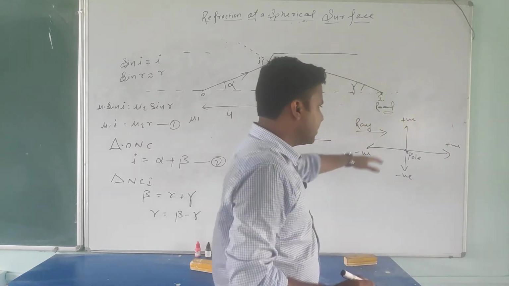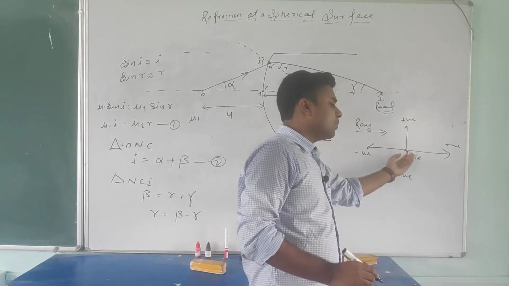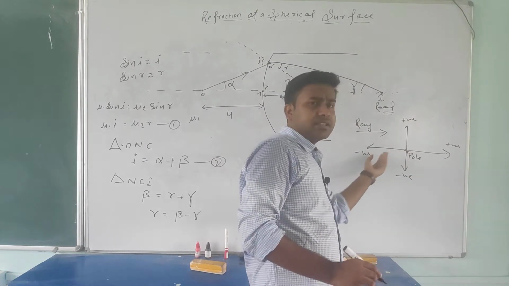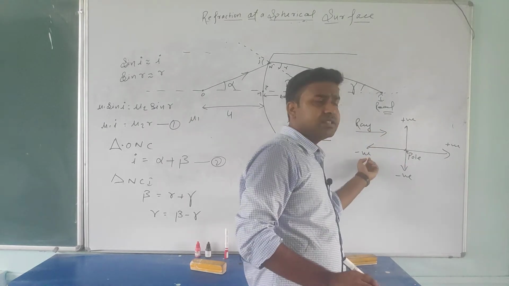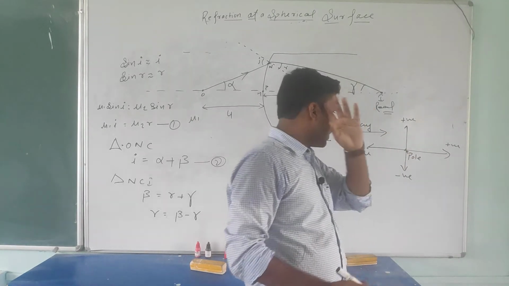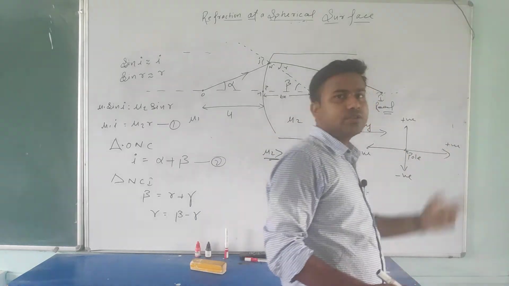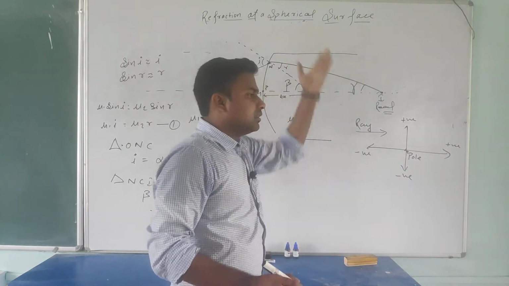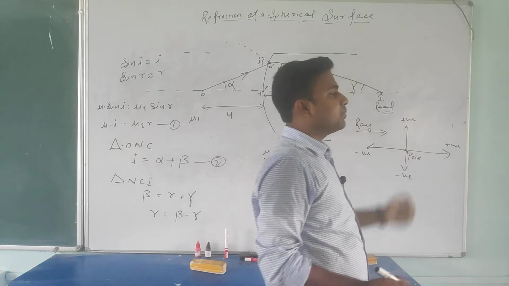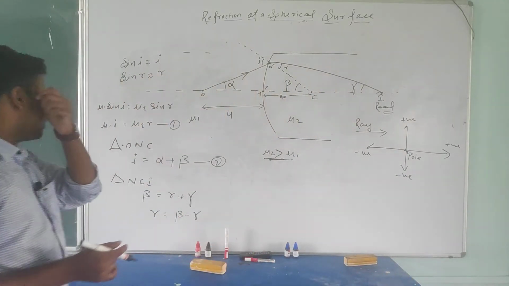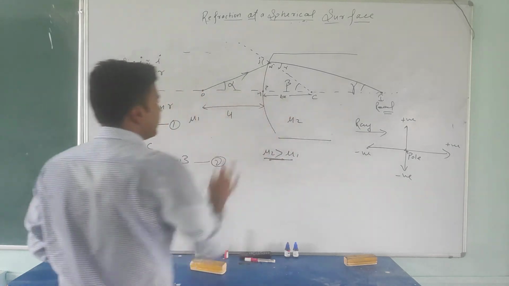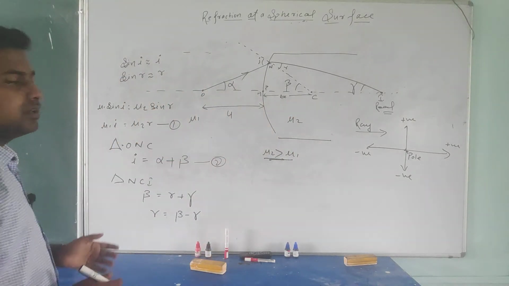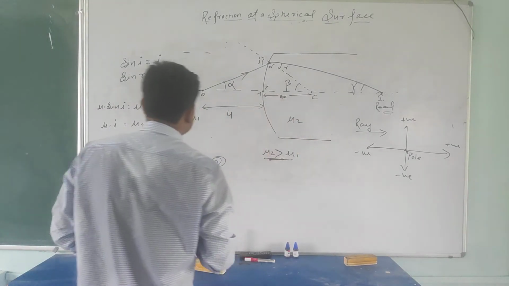It means whatever is below the principal axis is negative, whatever is on this side, opposite to the direction of ray propagation, is negative, in the same direction of ray propagation from the pole you have to assume positive, and whatever is above the principal axis is positive. We'll apply this sign convention concept here. I suppose you all know these things from reflection.